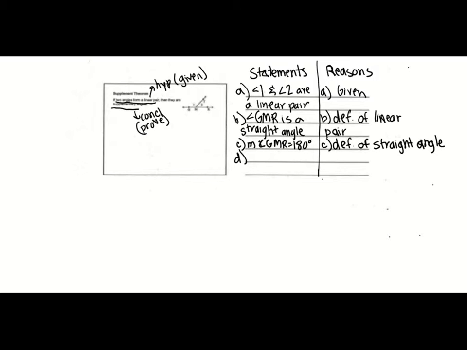Now we're trying to prove that angle 1 and angle 2 are supplementary, so we want to get angle 1 and angle 2 back into these statements.